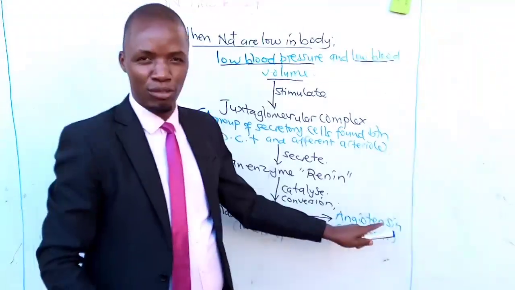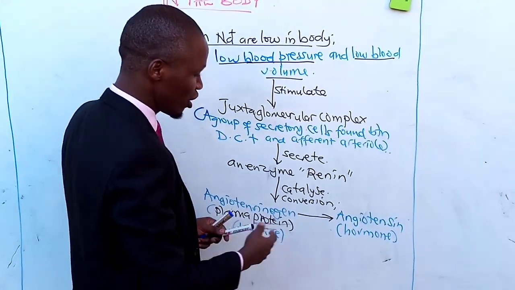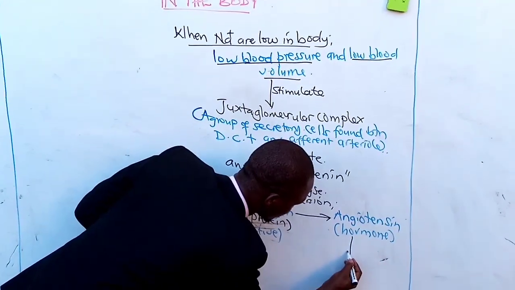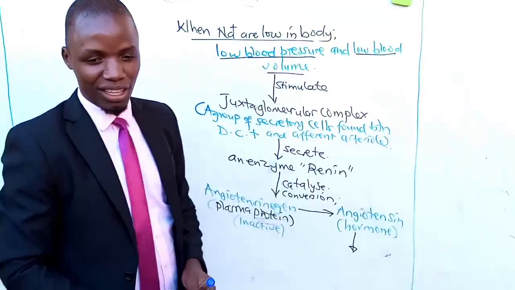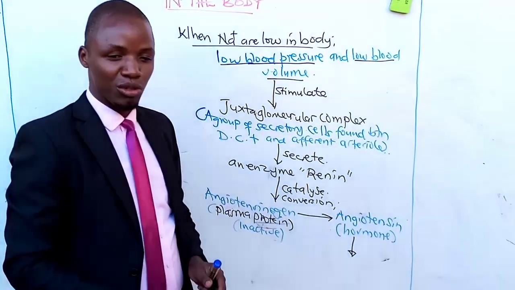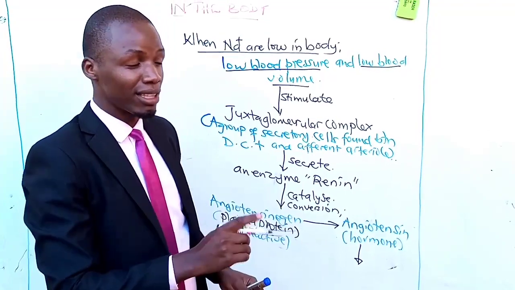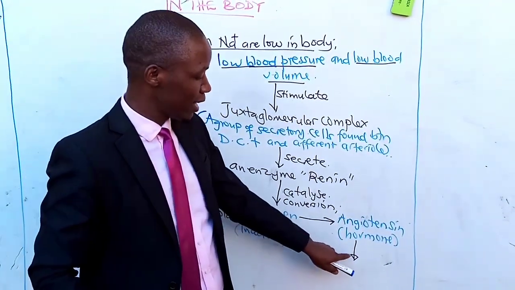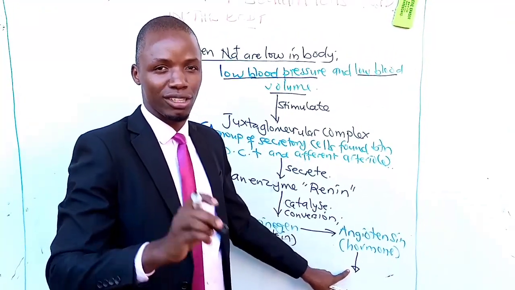Now it is this active hormone called angiotensin that is going to continue moving and proceed to what we call the adrenal glands. In the adrenal glands, we have got what we call the adrenal cortex, and the adrenal medulla. But in this particular case, this hormone is going to go specifically to the adrenal cortex.